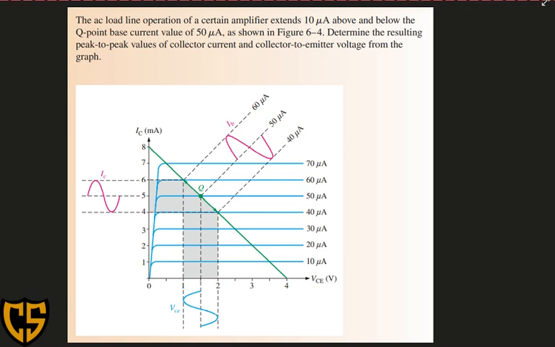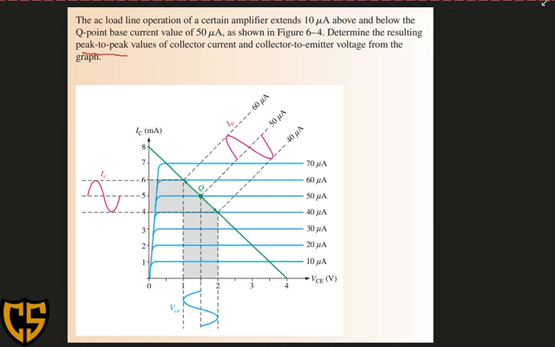Determine the resulting peak-to-peak values of the collector current and collector-to-emitter voltage from the graph. So we are only asked for the resulting peak-to-peak values: the peak-to-peak collector current and the peak-to-peak collector-to-emitter voltage.